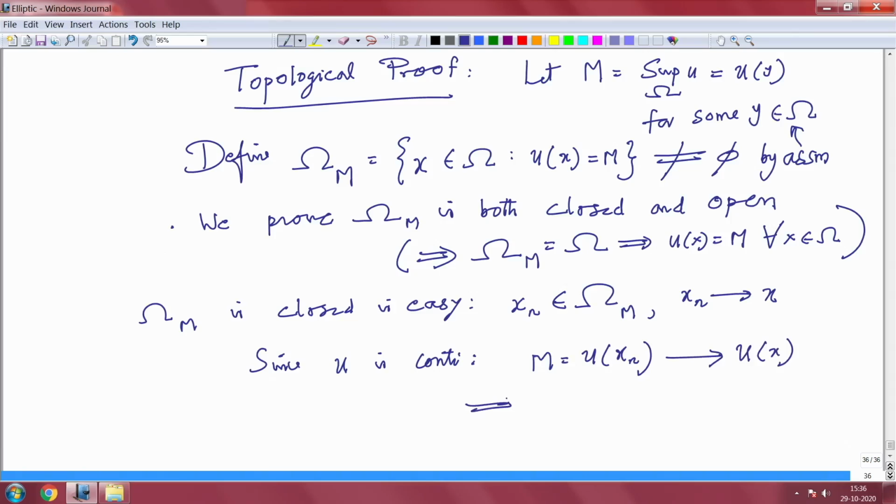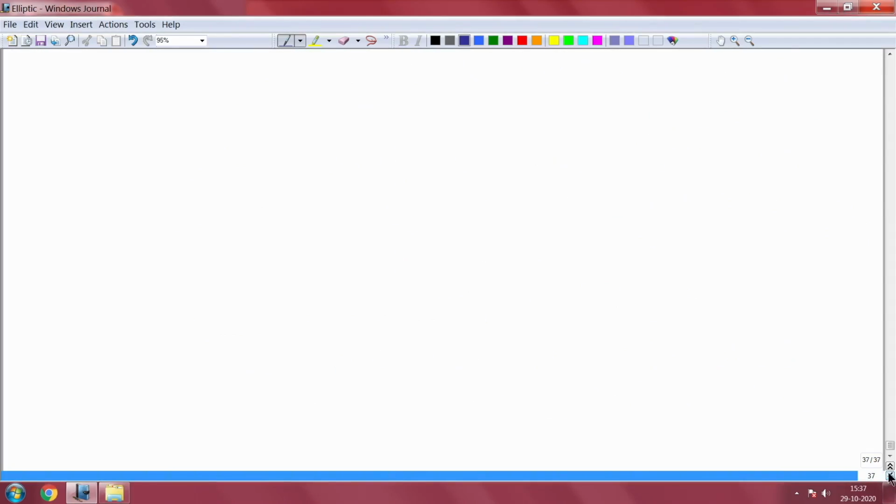That implies u of x is equal to m, that implies x is in omega m. So omega m is closed. That is a trivial result by the continuity of u. So let us prove omega m is open.